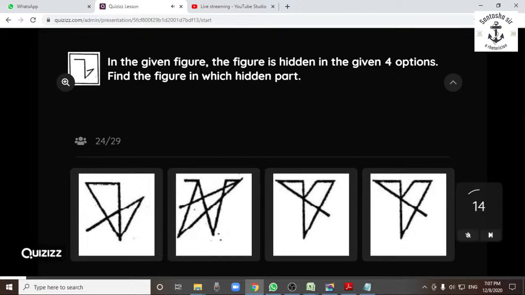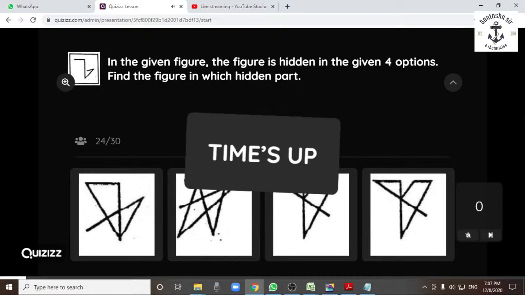Members answered out of 29. Last 10 seconds. 5, 4, 3, 2, 1, 0. Time is up.